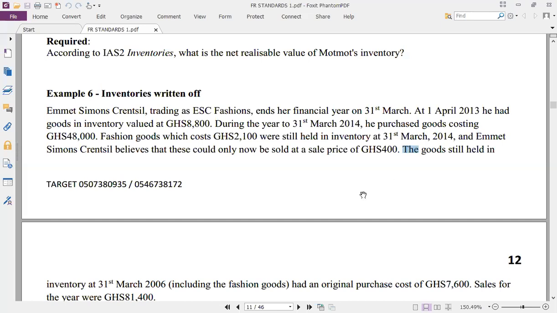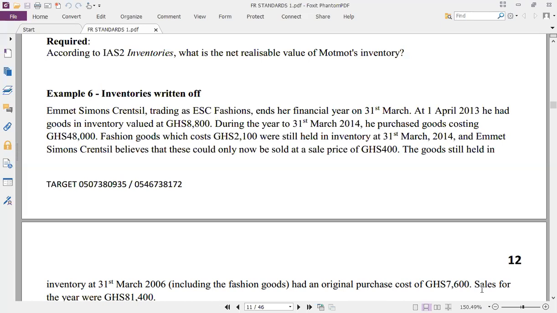Okay, so this section from the goods still held in inventory up to the 7,600 is not part of the question. So you can strike that one off from the question for me. So that is it. Now the only issue is who can tell me the value of the closing inventory?